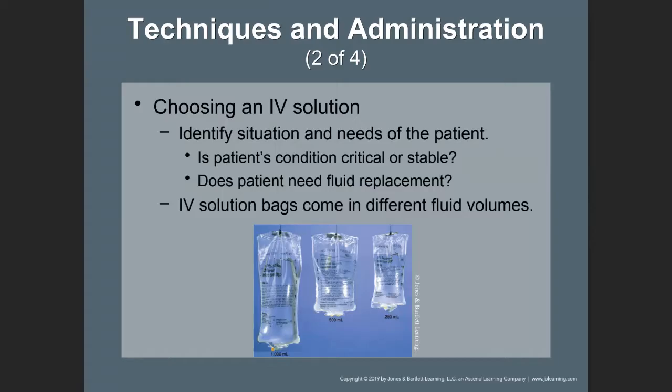Choosing an IV solution. Identify situation and needs of the patient. Is the patient condition critical or stable? Does the patient need fluid replacement? IV solution bags come in different fluid volumes. So you can have 50 mLs, you can have 100 mLs, you can have 150, 200, 500, 1000.